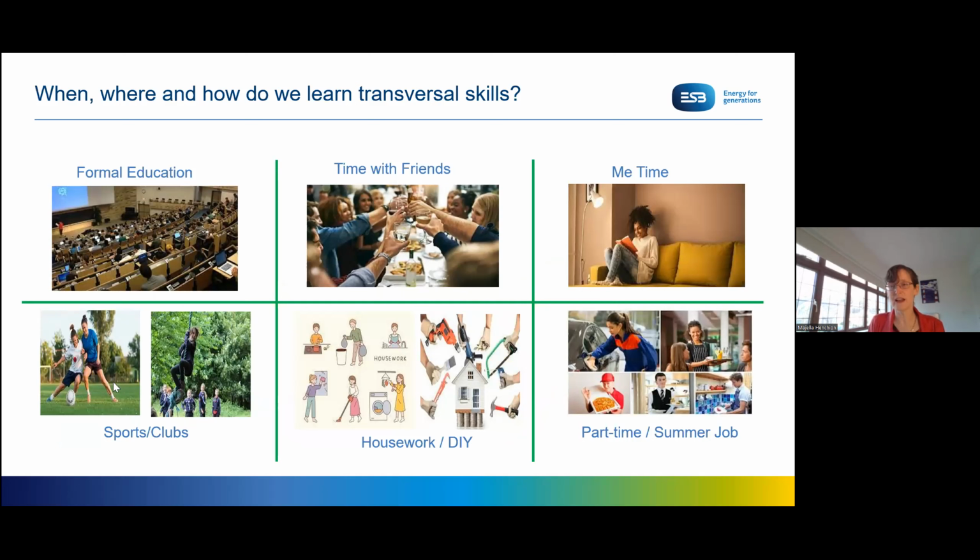But we also recognize that these skills come from all parts of your life. And what that means for us is that we want students to recognize that they're learning every minute of every day, whether they like it or not, even when they're out with their friends, doing their sports, being parts of a club, even doing the housework and the DIY.